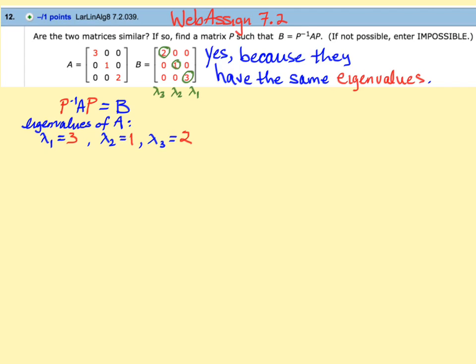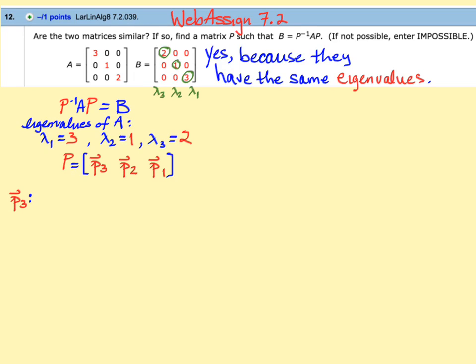So that's the order that we want to put the corresponding eigenvectors in. So the matrix P is going to be, the first column is going to be P3, the second column is going to be P2, and the third column is going to be P1. So let's find them. P3.